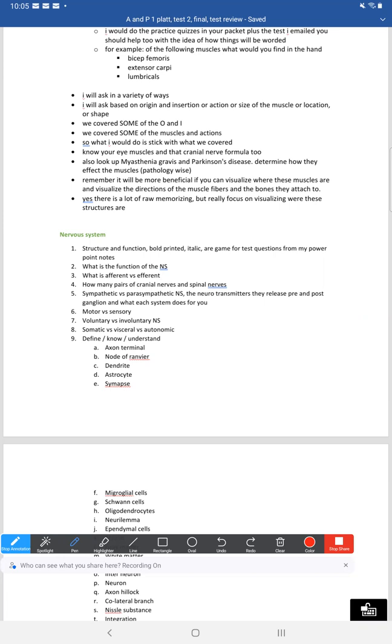Okay, voluntary versus involuntary. Your voluntary nervous system is skeletal muscle you choose to move around. Anybody know or remember the AKA for the voluntary nervous system?